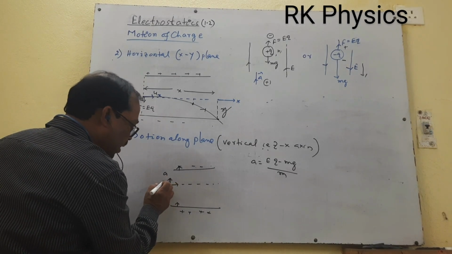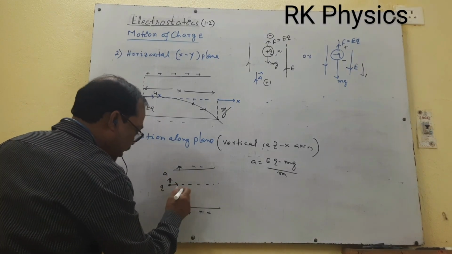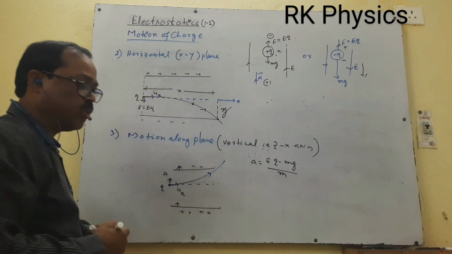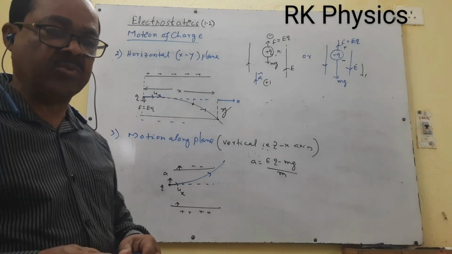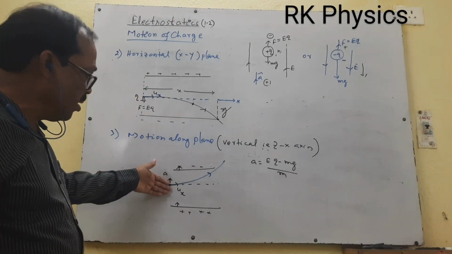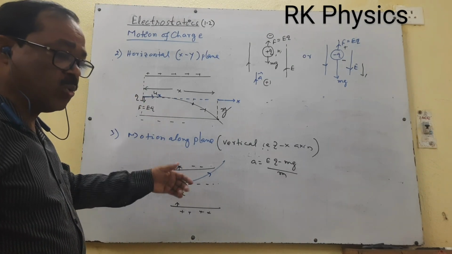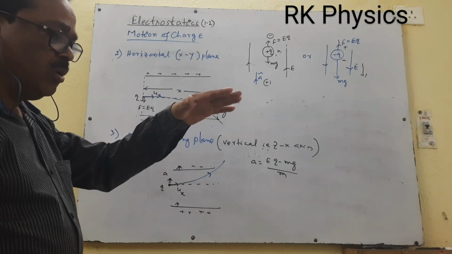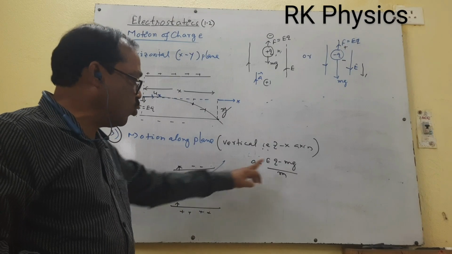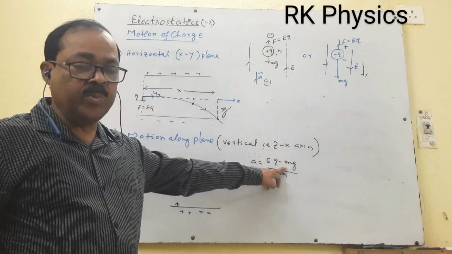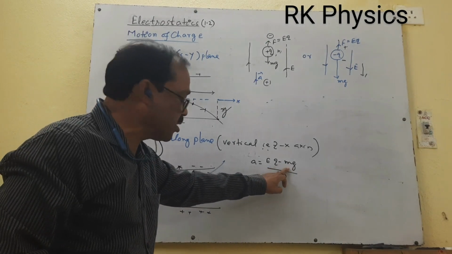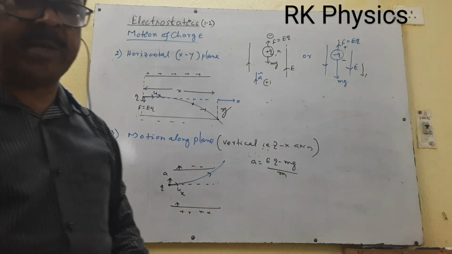Now, due to the accelerated motion and the motion along horizontal, the object again describes a projectile trajectory path. Like the previous case, you can find it out. The only difference is along the vertical direction: whatever the direction of the charge, weight is always vertically down. If the charge is moving up, weight opposes, that means minus, you put mg.